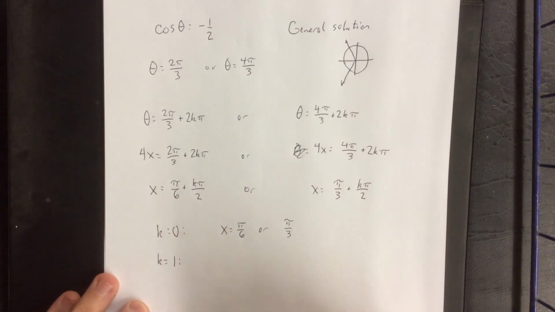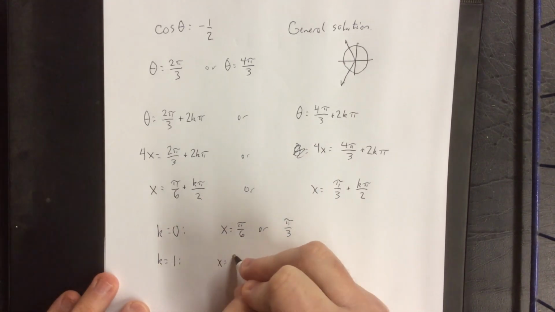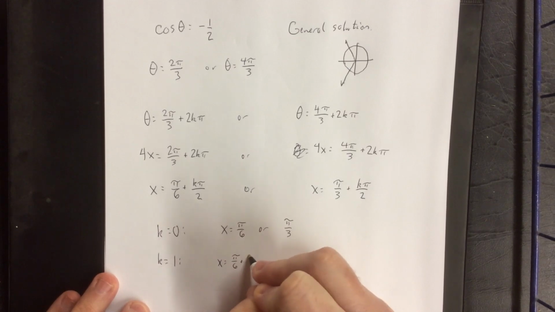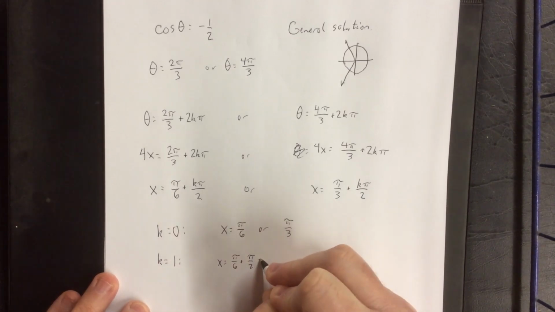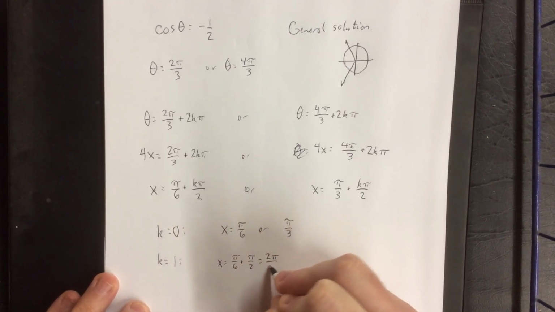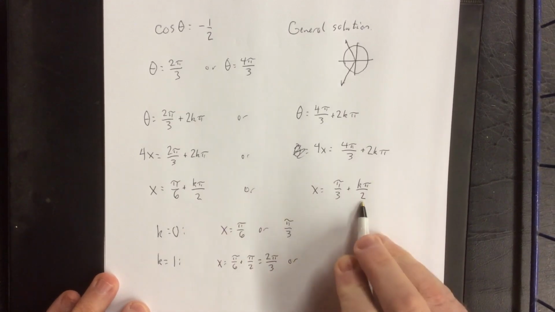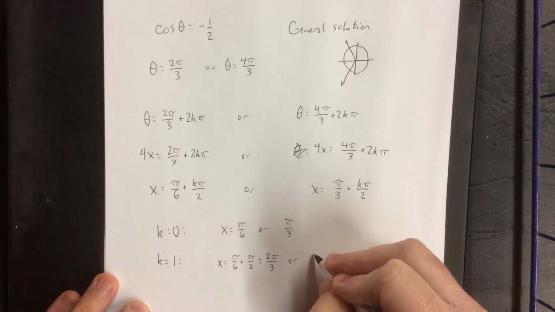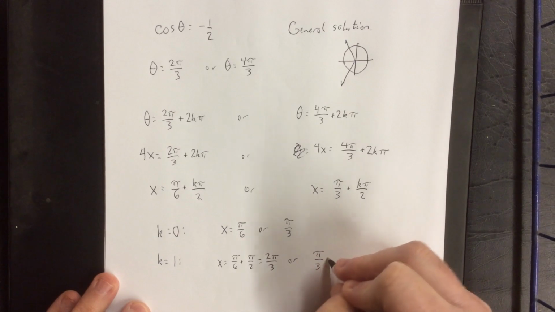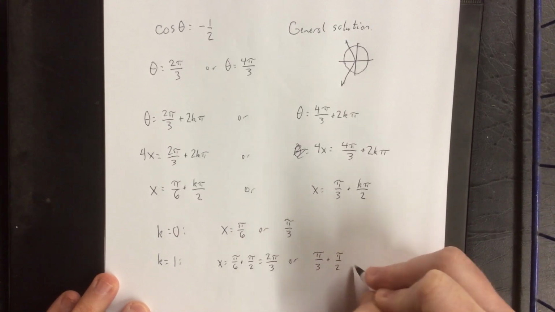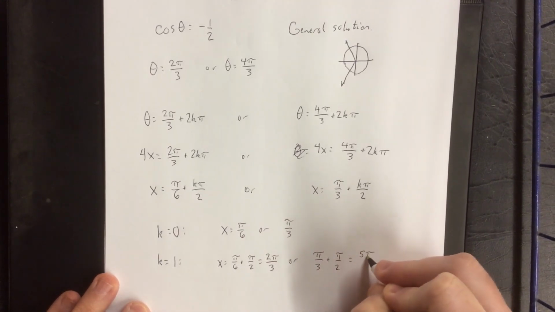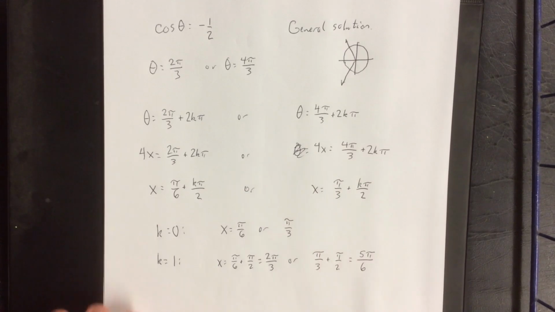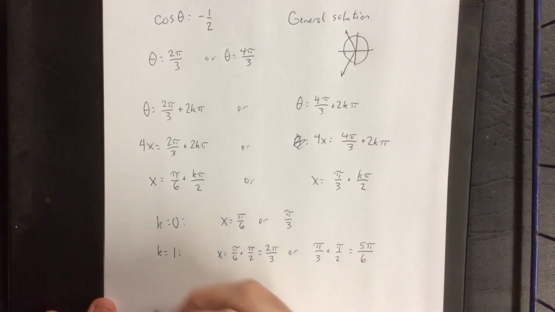For k equals 1, we would get x is equal to pi over 6 plus pi over 2, which, when simplified, gives 2 pi over 3. And from this one, this would be pi over 3 plus pi over 2, lowest common denominator of 6, and add them together. That would be 5 pi over 6.